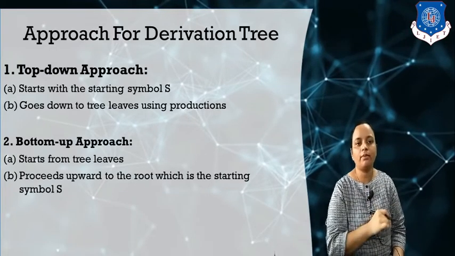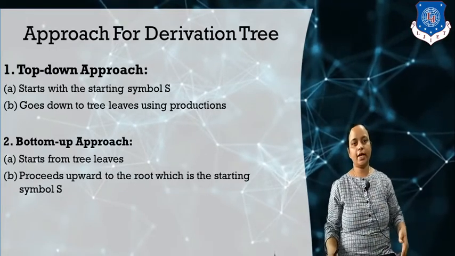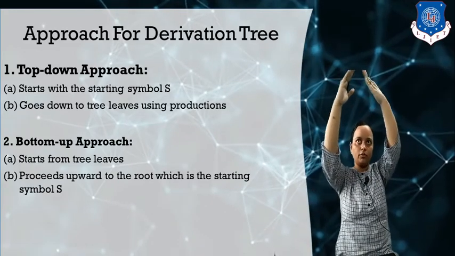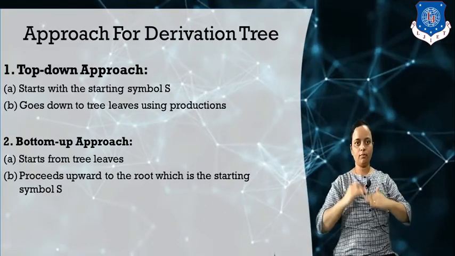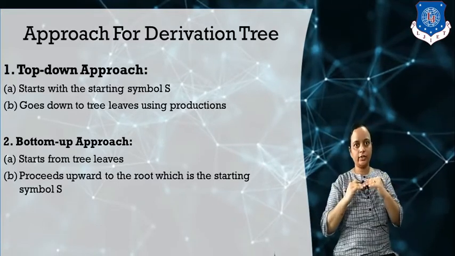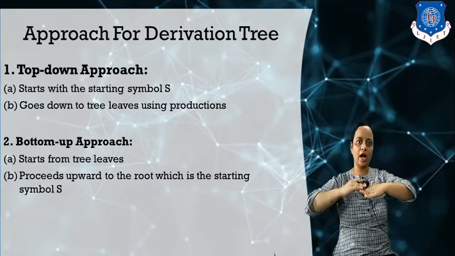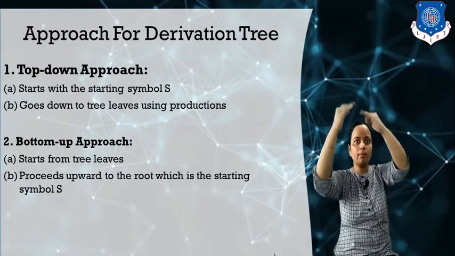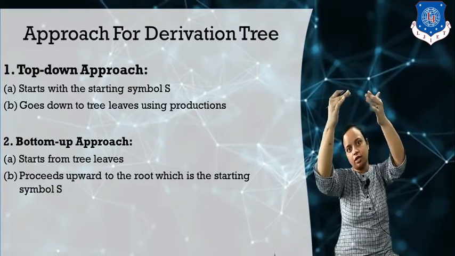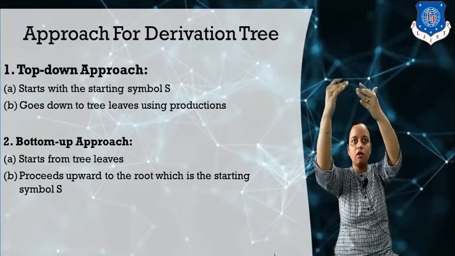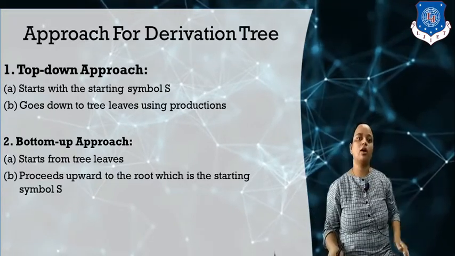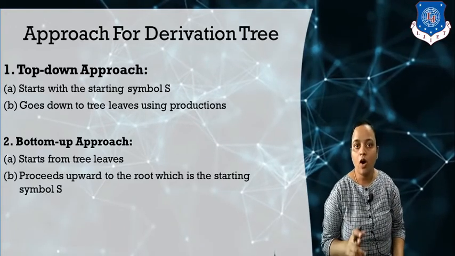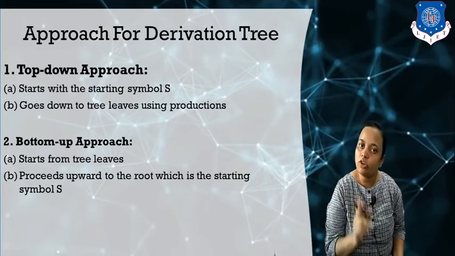And what is the bottom up approach? In the bottom up approach, we start from the leaf nodes and go upward to the root node, bottom to top. If you construct the derivation tree starting from the leaf nodes going to the topmost node, it is called the bottom up approach, and if you generate the derivation tree from top to bottom, it is called the top down approach.